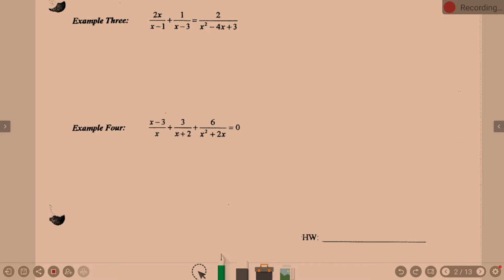As you start looking at the next example, and you start looking at your denominators, right? We've got more than one denominator this time. What are your thoughts about these denominators and what we're going to have to do?